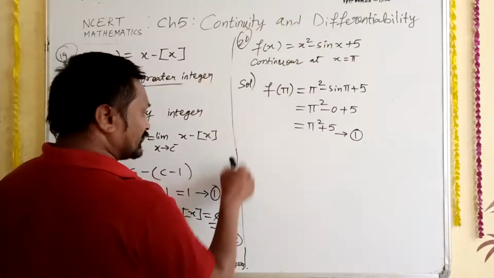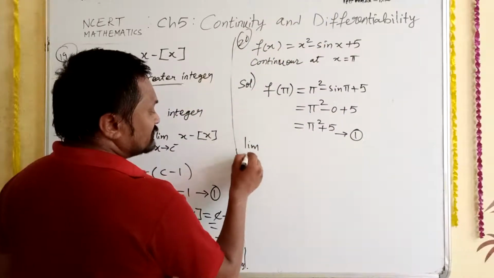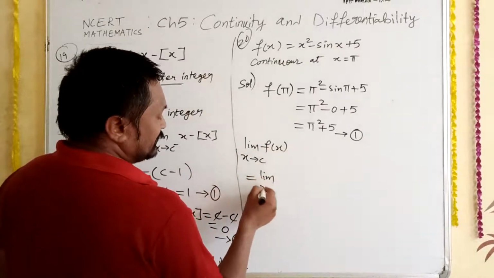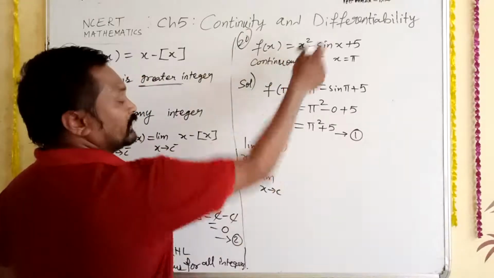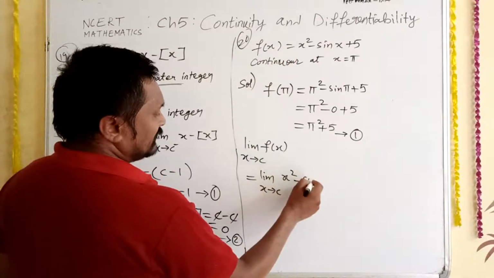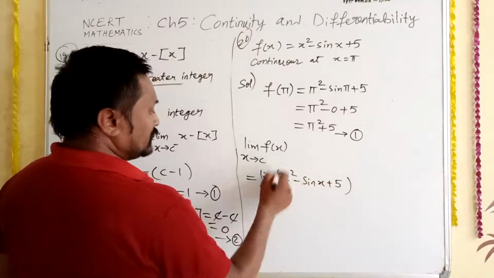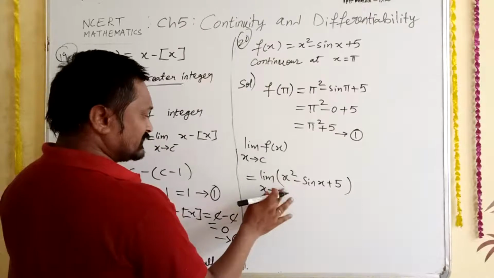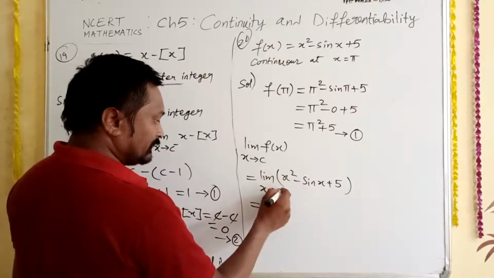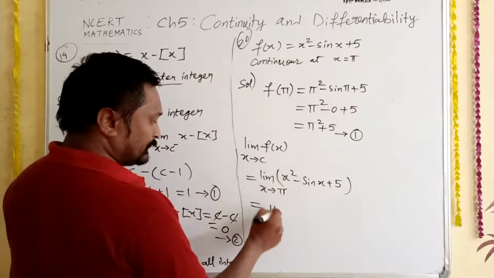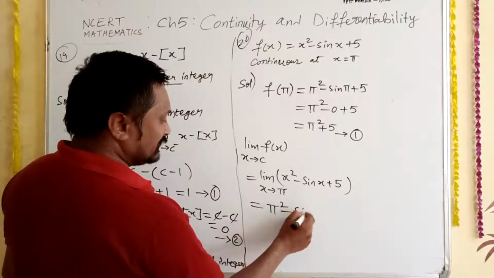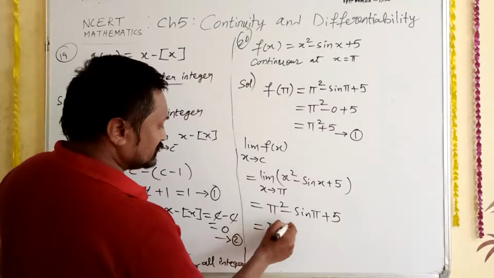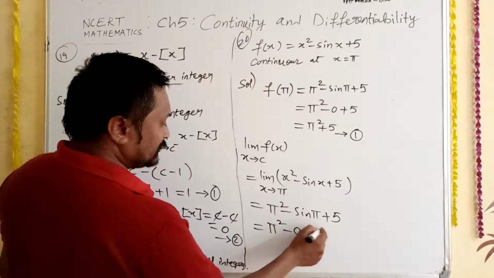So now we can write limit x tends to c f of x, that is equal to limit x tends to c. What is f of x? x square minus sin x plus 5. Just remove the limit and substitute. So x tends to c, here limit x tends to pi. So now we'll write pi square minus sin pi plus 5. Pi square as it is, minus sin pi is nothing but 0, plus 5.